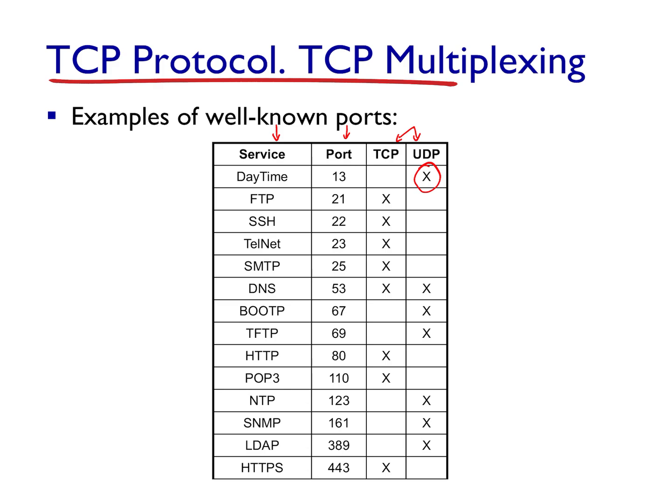On the other hand, if we look at the next protocols, for example FTP, which runs on top of TCP, and SSH and Telnet, all of them run on top of TCP, because in these application protocols we want all the data to arrive correctly at the destination.